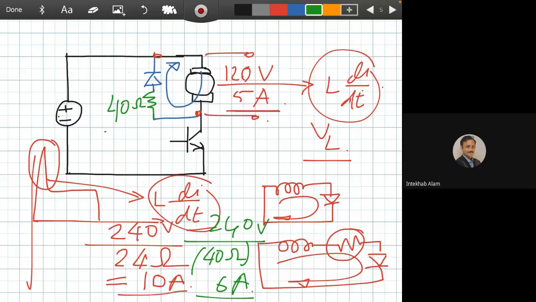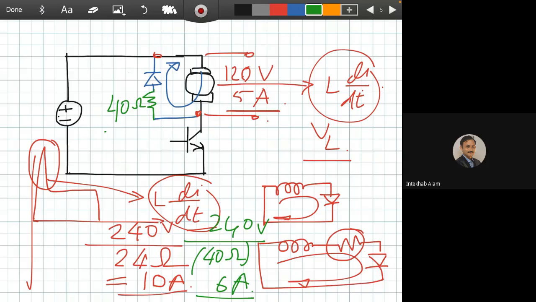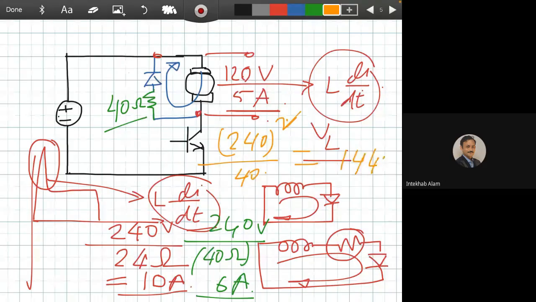If we consider V square by R, here we have considered 240 volts. So the power rating is 240 square divided by 40. Could you please do it for me? V square by R. So what should be the power rating? 1440. Good. So it is a 1440 watt resistance.